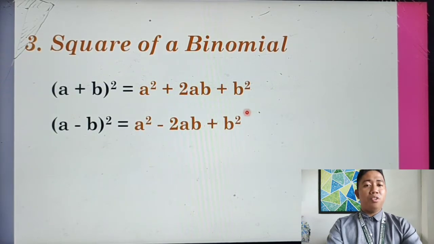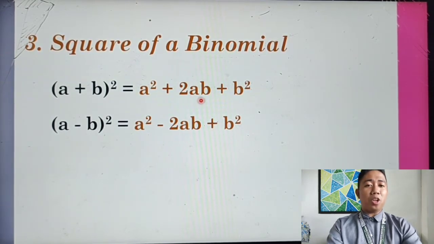In this rule, the square of the binomial, A plus B raised to the power of 2, we get the perfect square of the first term, A squared, and then the perfect square of the last term, B squared, which is put as the last term.